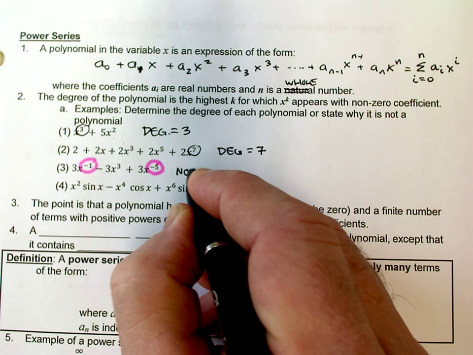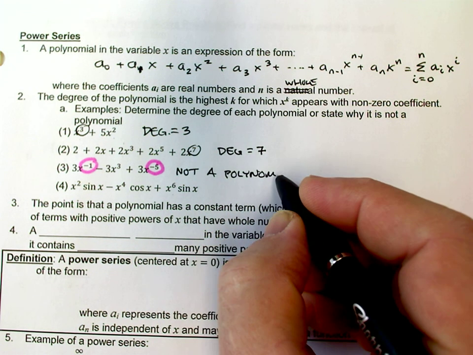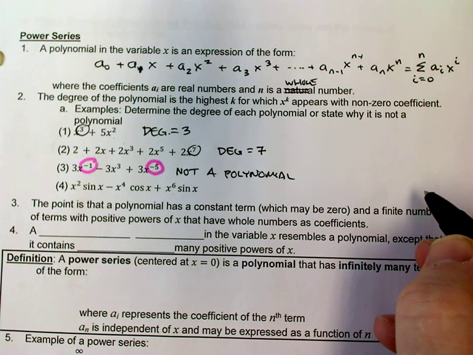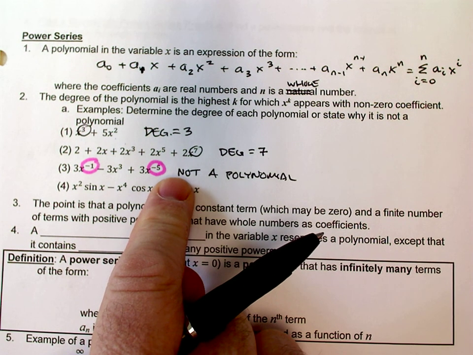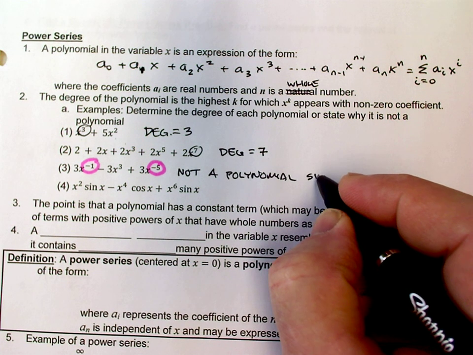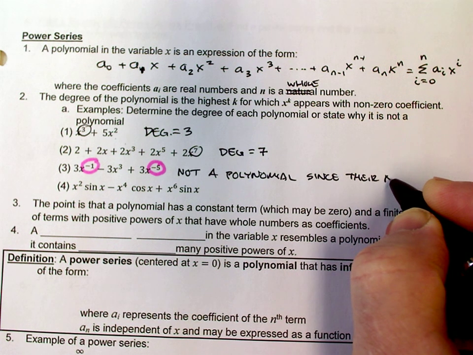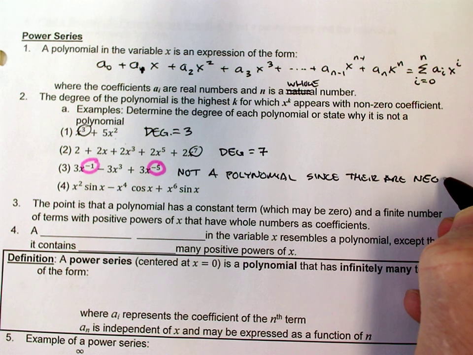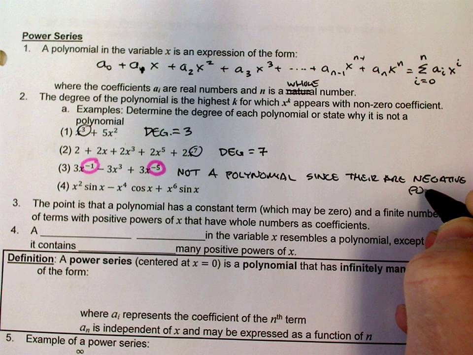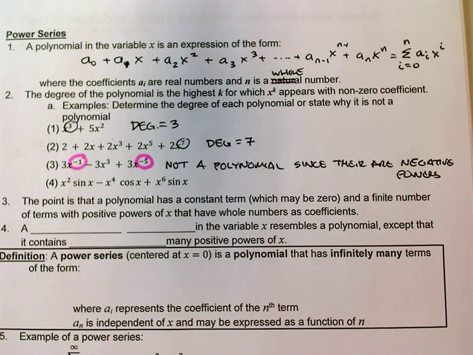So this is not a polynomial, because if it were a polynomial, all of the exponents would be whole numbers. In this case, we have a negative power. So we can just say, hey, I see negative exponents, therefore we don't have a polynomial.